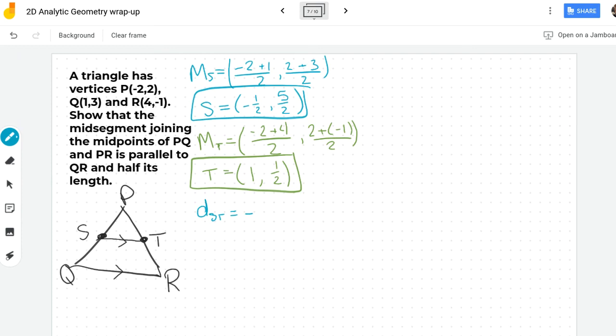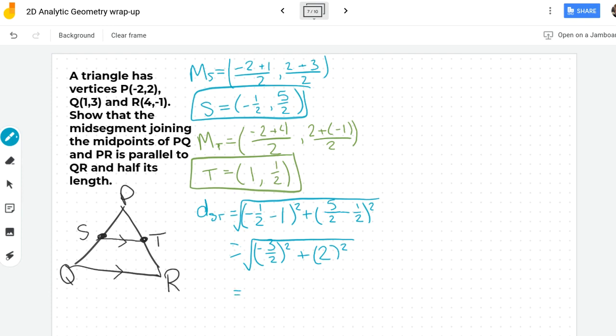So we'll start with S and we'll subtract T, those x values, and square them, and then add the difference between the y values and square root the whole thing. Negative 1/2 minus another 1 would be negative 3/2 all squared, plus 5/2 minus 1/2 will give me 4/2. 4 divided by 2 is just 2.